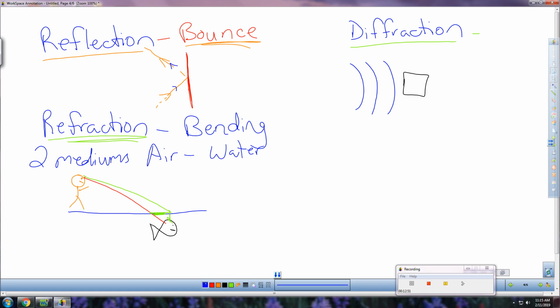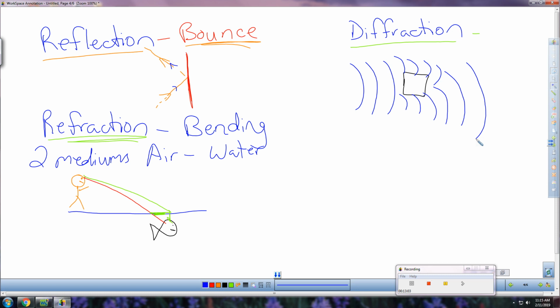As those water waves hit, they'll keep their form, and eventually they will start to reform right around the other end. This is how you can hear somebody running down the hallway even though you don't see the person. Maybe they're around the corner, because sound waves will bend around corners and then meet back up.